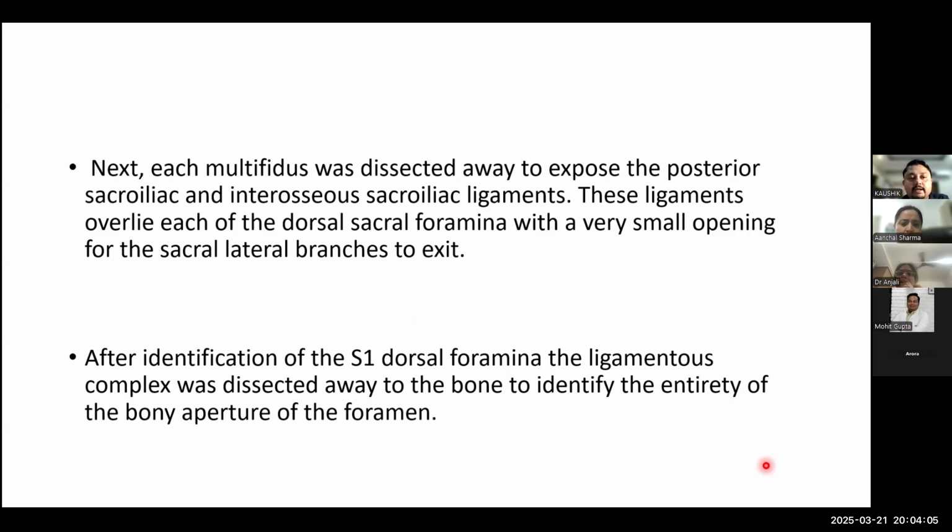These ligaments overlie each of the dorsal sacral foramina, thus leaving a very small opening for the sacral lateral branches to exit. Hence, after identification of the S1 dorsal foramina, the whole ligamentous complex which was overlying it was dissected away to the bone to identify the entirety of the foramina.